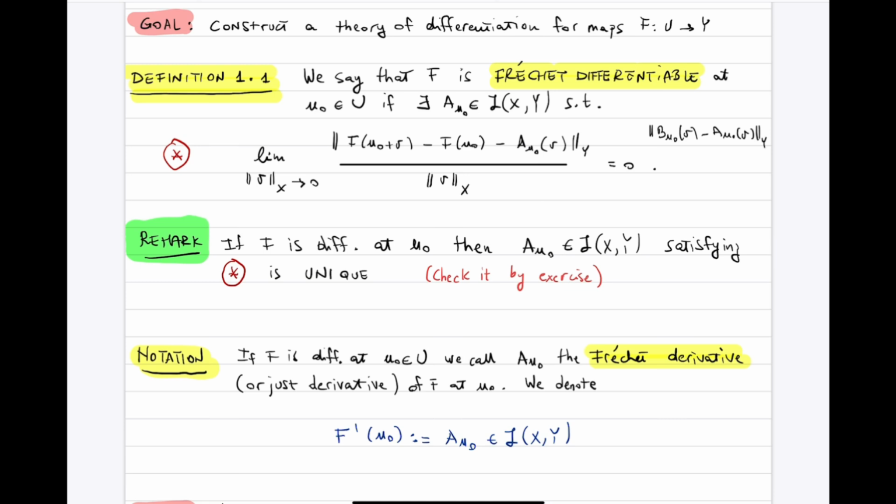and now by triangular inequality you can estimate this with the norm in y of b u0 v minus f u0 plus v minus f u0, plus the same but with a u0 instead of b u0.